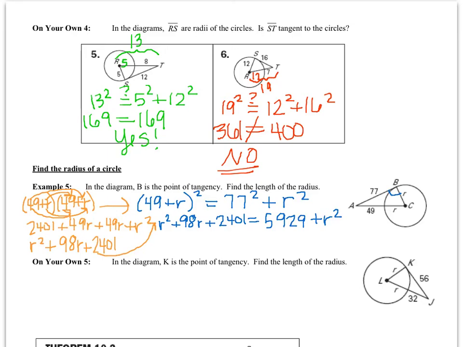Now I want you to notice here we've got r squareds on both sides. So what we can do is cancel them out since they're on both sides. So now we've got a little easier problem to solve.